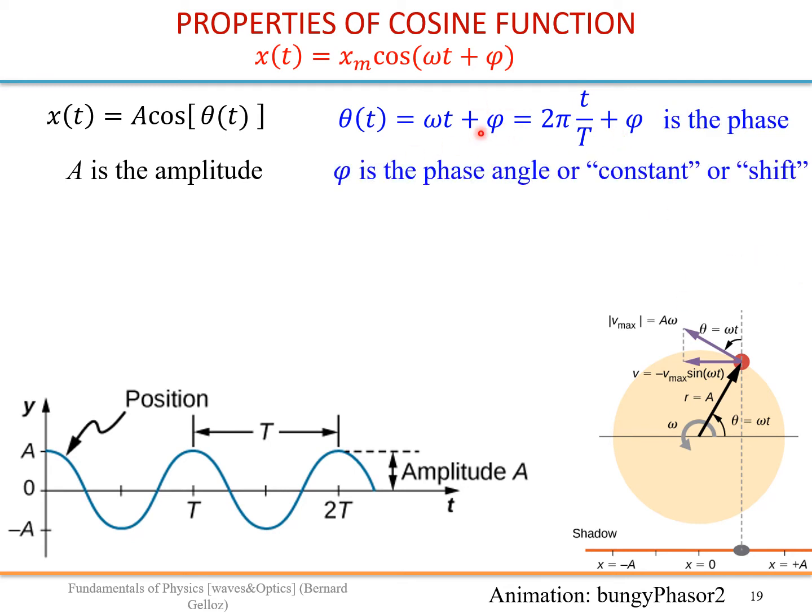Phi is usually called the phase shift, sometimes called the phase constant or phase angle. Most of the time it will be the phase shift, because it shifts the angle. So t appears only here, and this is a kind of constant shift in the phase.